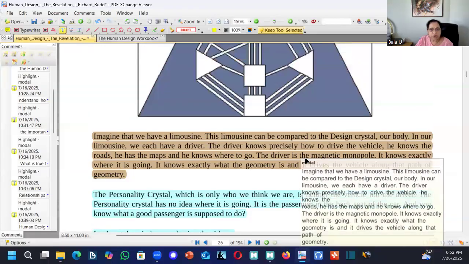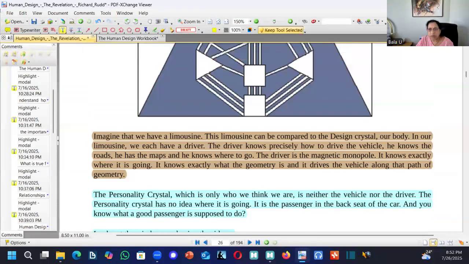Imagine that we have a limousine. This limousine can be compared to the design crystal, our body. In our limousine, we each have a driver. The driver knows precisely how to drive the vehicle. He knows the roads, he has the maps, and he knows where to go. The driver is the magnetic monopole. It knows exactly where it is going. It knows exactly what the geometry is, and it drives the vehicle along that path of geometry. So that is the G. That is the fellow who is driving.